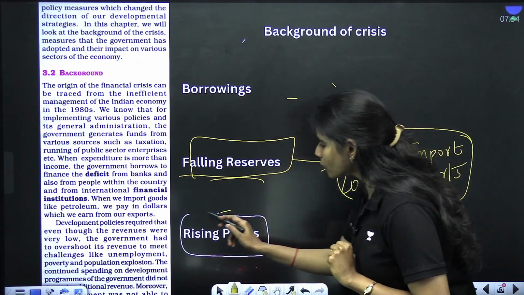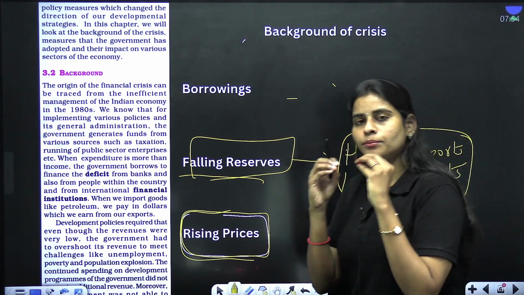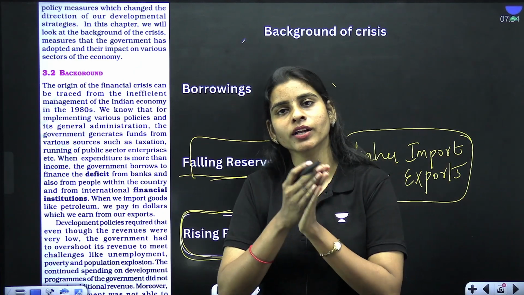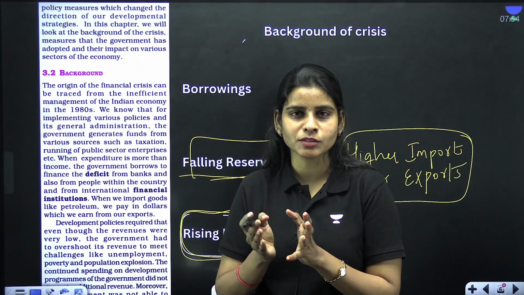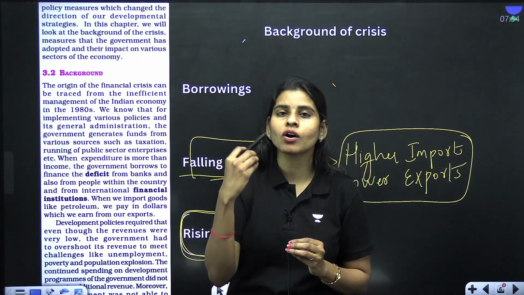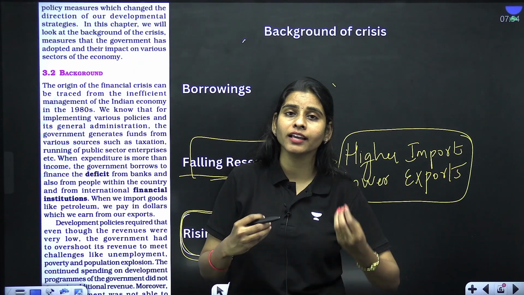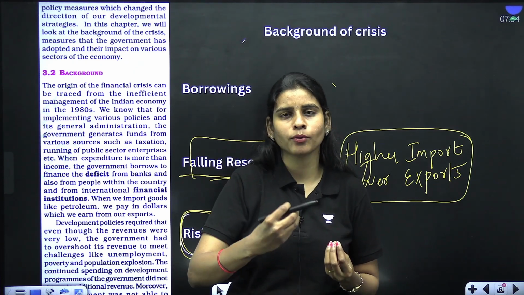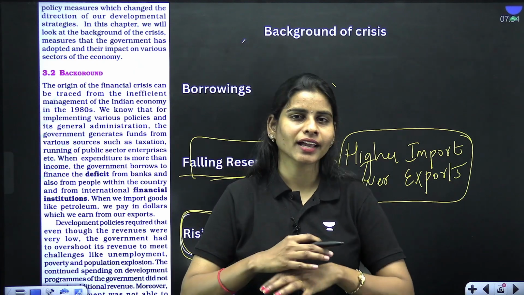And then talking about the rising prices, inflation was also one of the important factors that played a role during the early 1990s or 1980s or 70s maybe, because of which the country was struggling so hard to control the prices. It can be marked by rising prices of imports, and the government was not able to meet its revenue targets and everything.